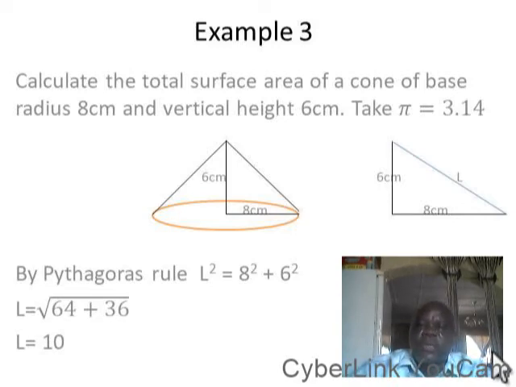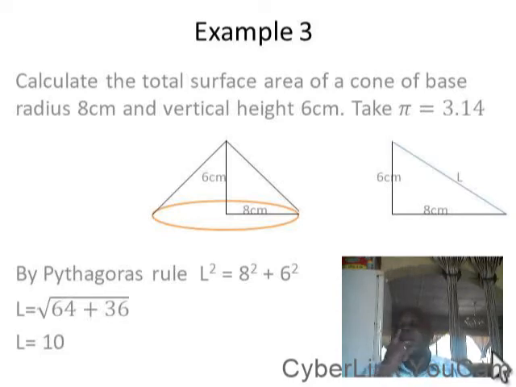Calculate the total surface area of a cone of base radius 8 centimeter and vertical height 6 centimeter. Now, note, in the first two examples we looked at, we were given the slant height, but here we are given the vertical height.